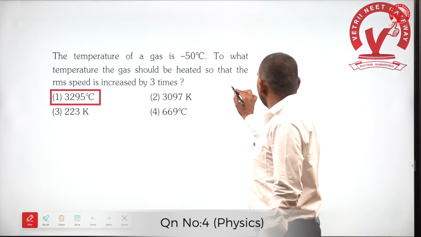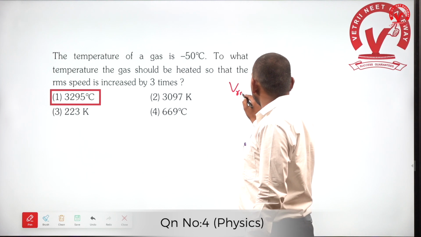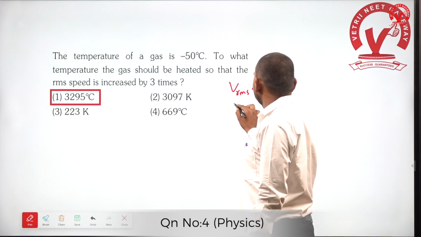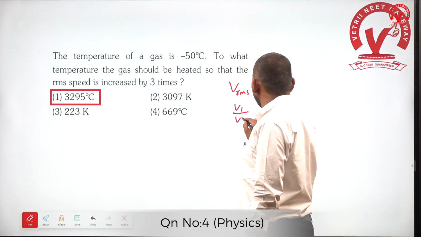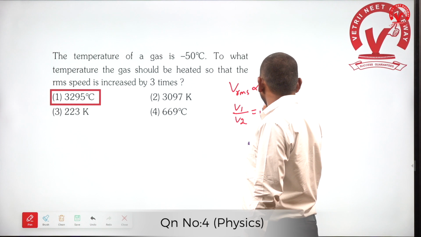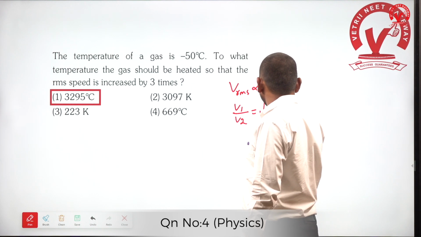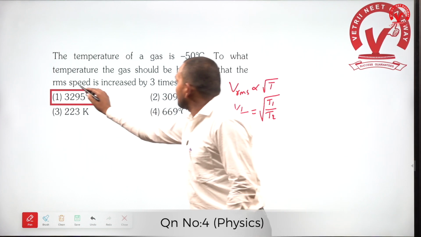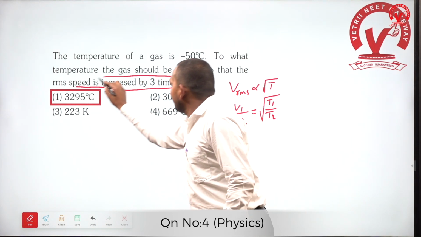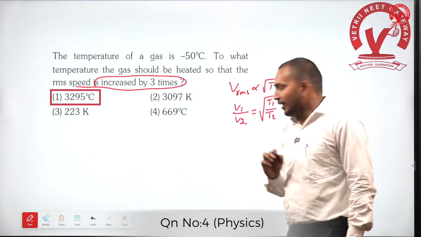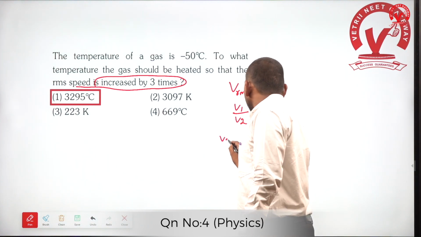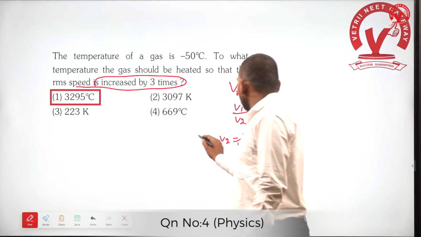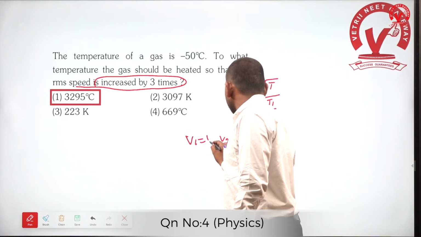And we know the formula, V RMS is directly proportional to root T. V1 by V2 is equal to square root of T1 divided by T2. And they said that the speed is increased by 3 times, then the final velocity will be 4 times. Initial velocity you can take as V.